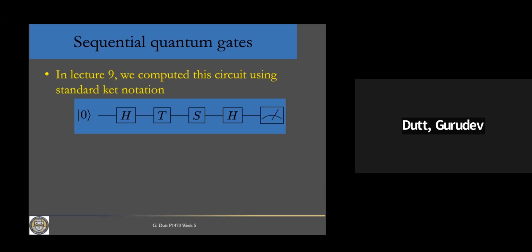Scalars like 1 over root 2, when they multiply column vectors, you can just take them out because they are just multiplying everything. So I'll put the 1 over root 2 out here. Don't need to worry about it anymore. Everybody okay with that step? It's a scalar, I can just take it out of everything. So 1 over root 2 times 1, e to the i pi over 4.